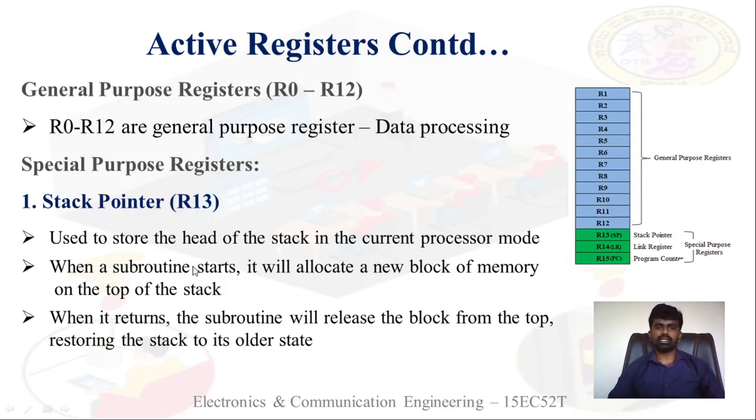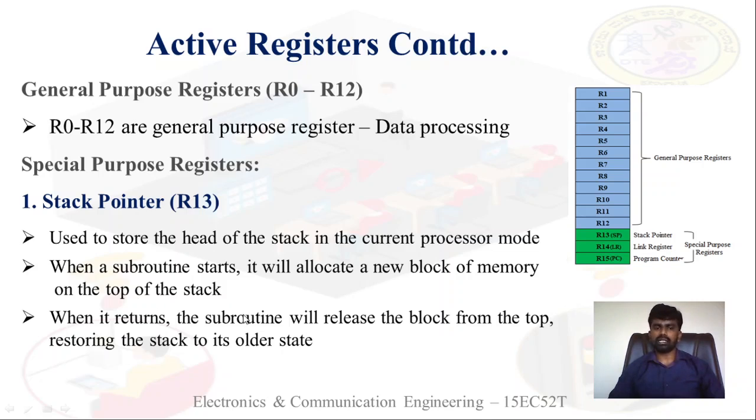When a subroutine is called, that means when a subroutine starts, this stack pointer allocates or assigns a new block of memory on the top of the stack. So it will allocate the new block of the stack.